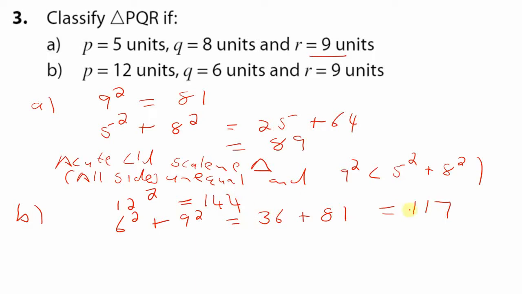They are not equal, it can't be 90 degrees. The largest side squared is bigger, so it must be an obtuse.